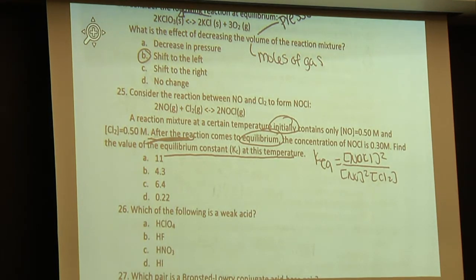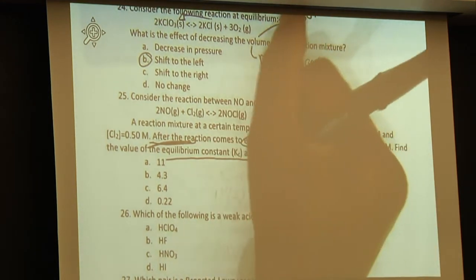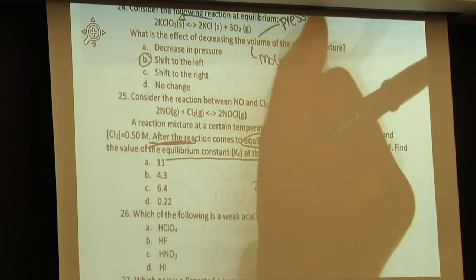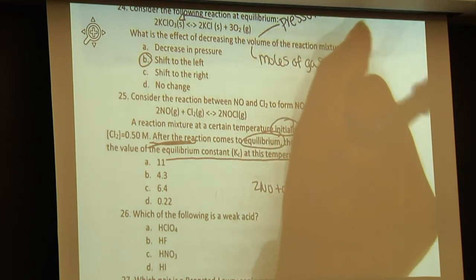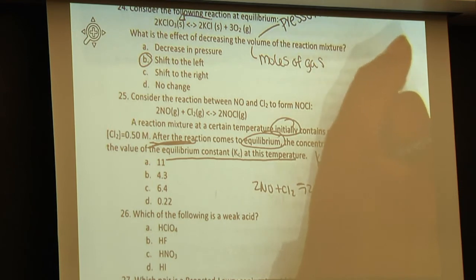What type of equilibrium problem is this? What do we have to do? I circled it as I was reading. If you see initially and you see equilibrium, what do we have to do? An ICE table. So we have 2NO plus Cl2 at equilibrium with 2NOCl.